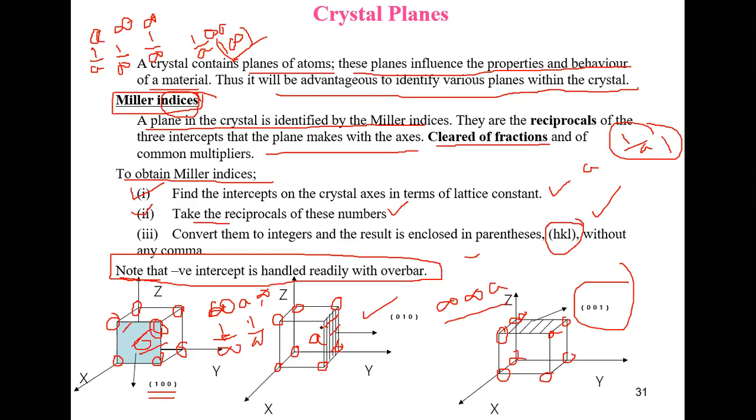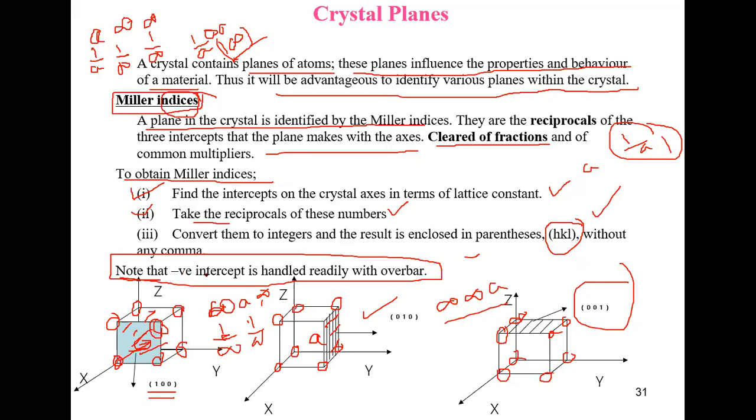Now the question is, if you want to find the Miller indices of the plane behind this one. In that case, you will bring the axes in front. If the axes come here, then the intercept of that plane will be minus a.